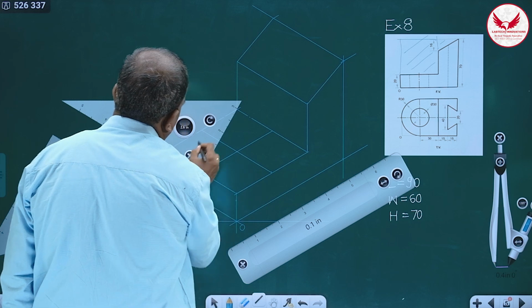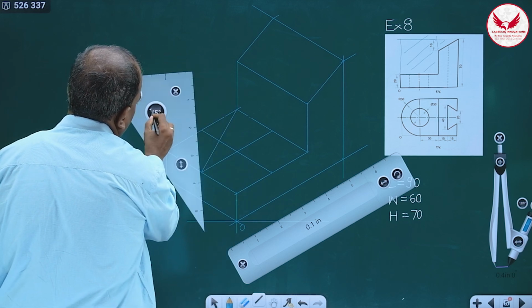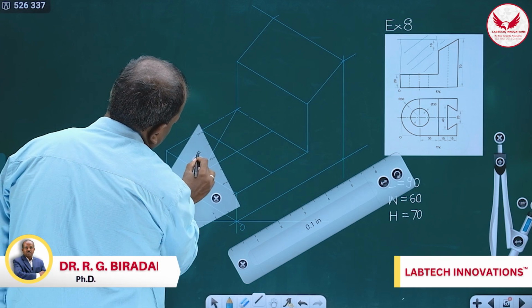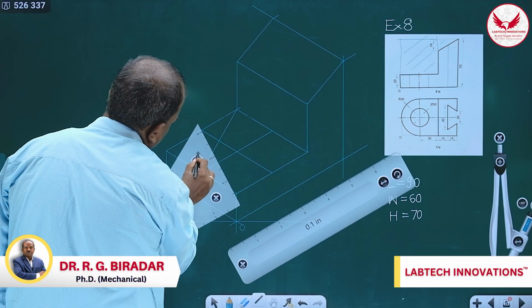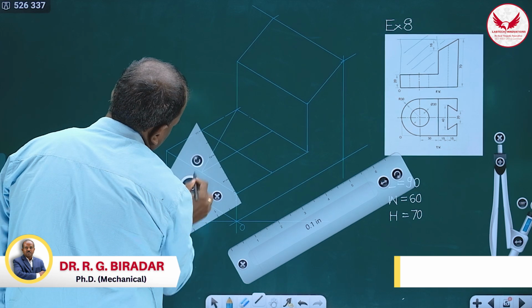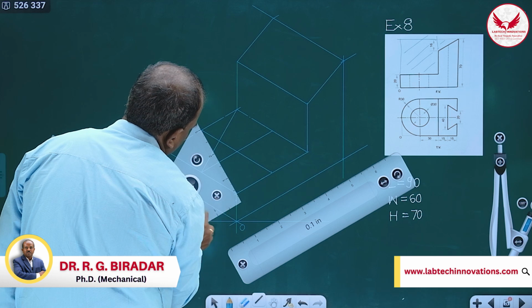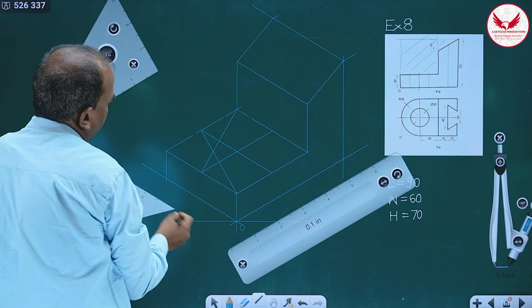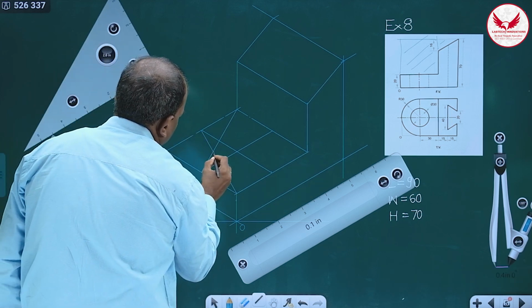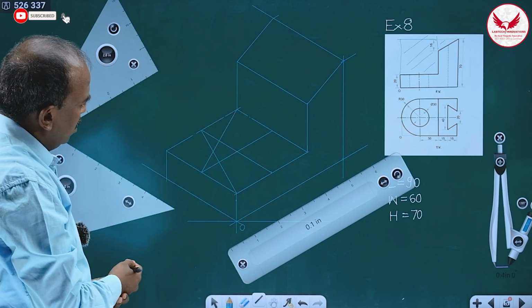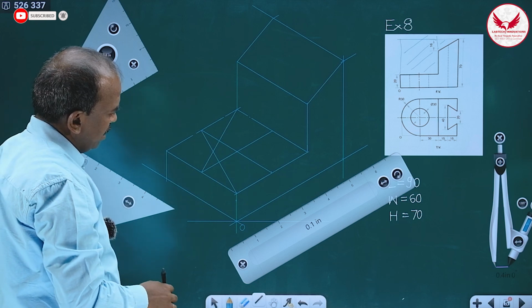Similarly, this center we have to join to this point. Correct. And the intersection of these two is going to be one center and this is going to be another center. With these two centers, we'll be drawing the semicircle.